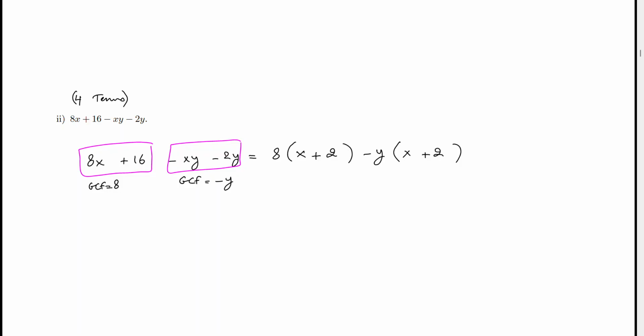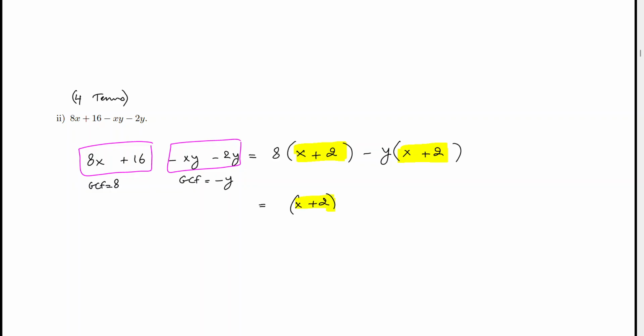And now we are going to look at the new answer and ask ourselves, are there repeating factors? So this time we can think of the 8(x plus 2) as being one term and the negative y(x plus 2) as being the other term. And what's common to both of them is the factor x plus 2. So what we'll do is we'll grab the x plus 2 and write it first.